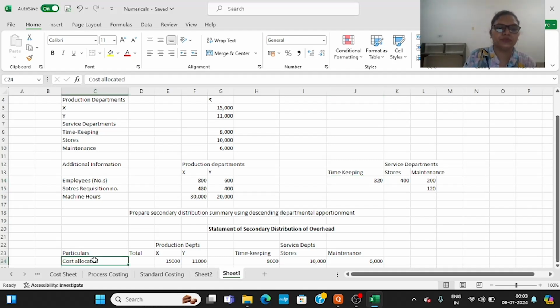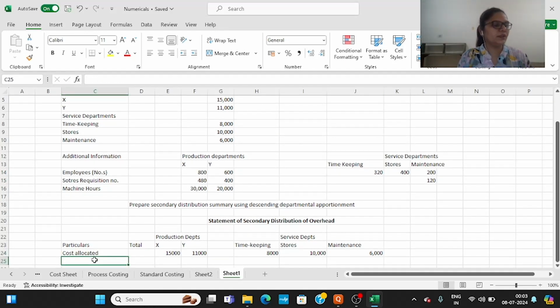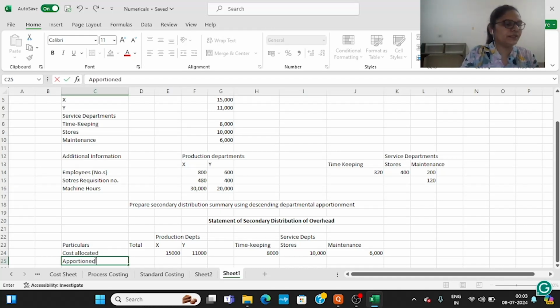First of all, we will mention how the particular cost has been apportioned.